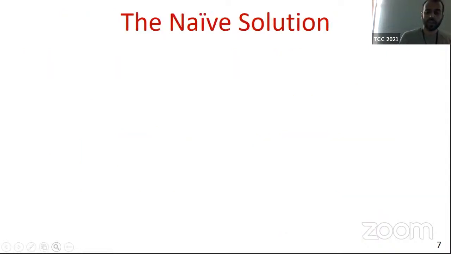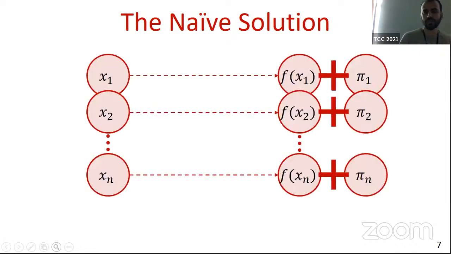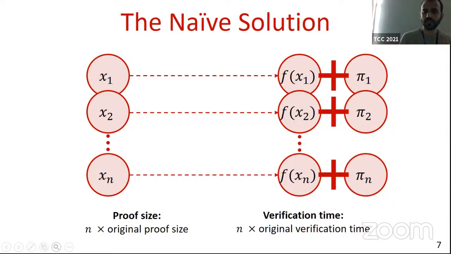Now, the naive solution in order to achieve this verification of many VDF outputs is simply by having the prover compute a proof for each output, and then the verifier simply verifies each proof separately. The downside of this approach, of course, is that it results in a linear blowup in both the proof size and the verification time. So the question that we ask is, can we do better than that?